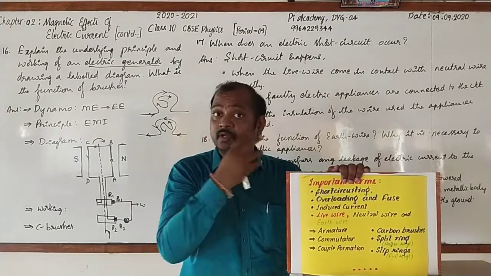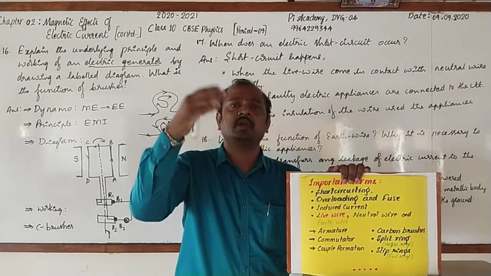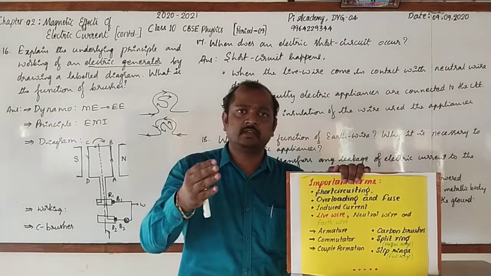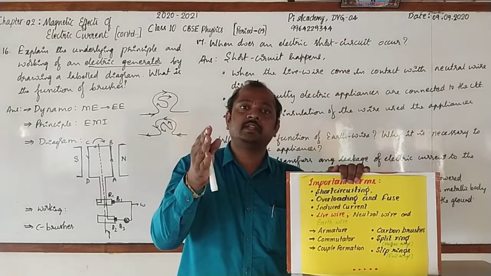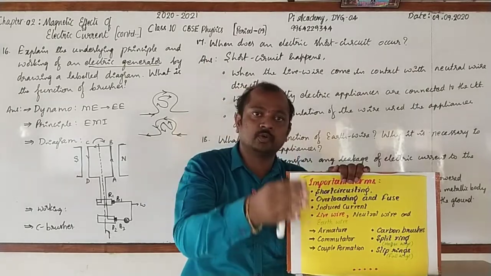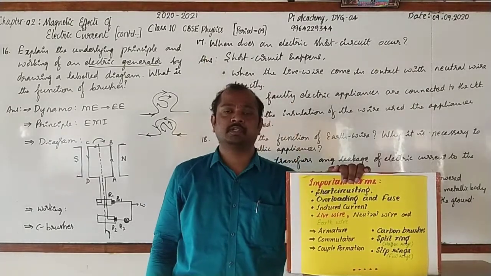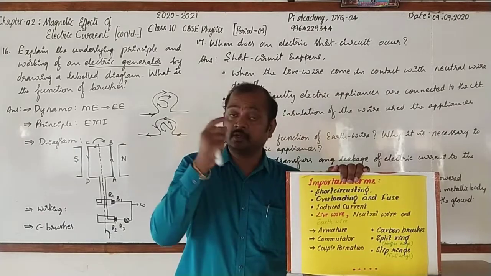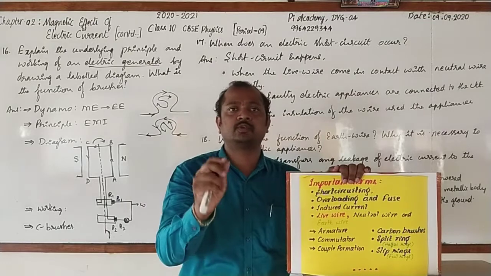In case of dynamo, electric current is induced, that is generated, electric current is produced. So this electric current produced is to be transferred from armature to external circuit by this carbon brush. Once again I tell you, it transfers induced current from armature to the external circuit in case of dynamo.